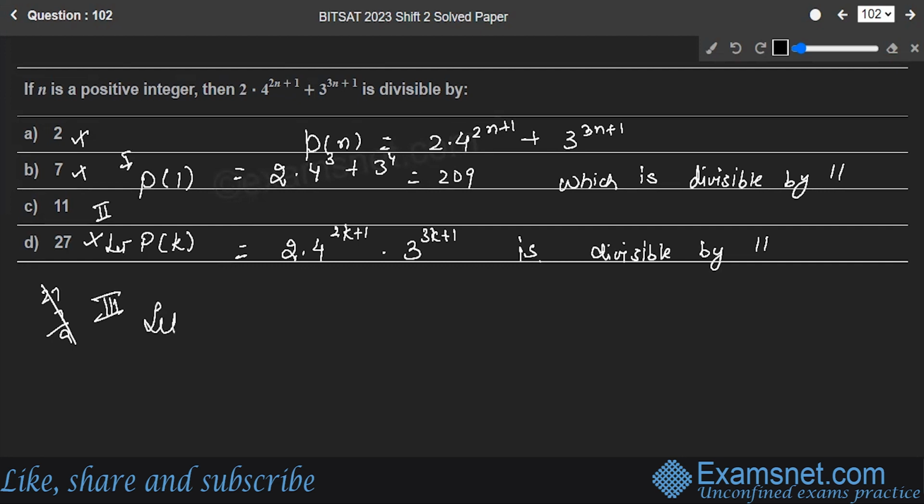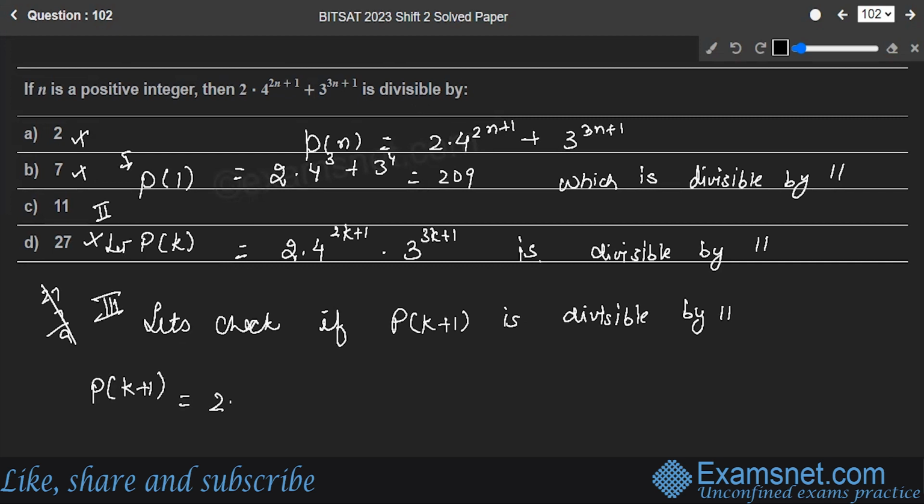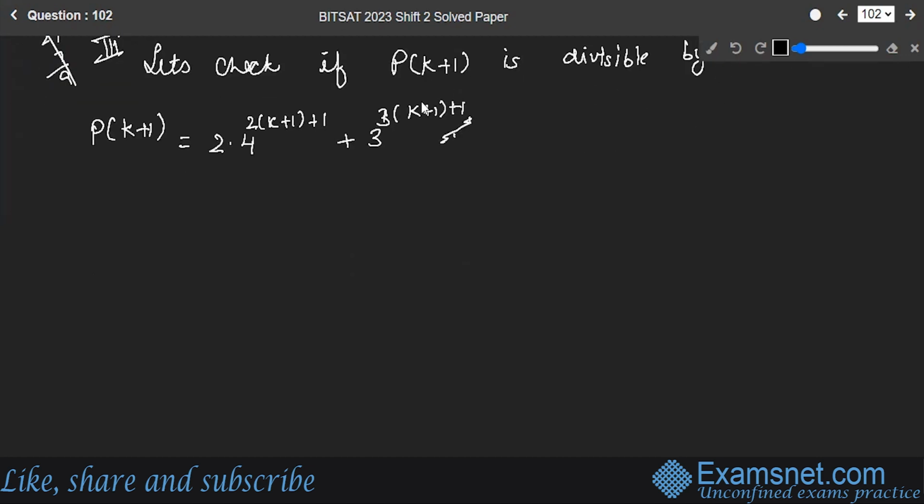So let's check if Pk plus 1 is divisible by 11. So you have Pk plus 1. This will be equal to 2 into 4 power 2(k plus 1) plus 1 plus 3 into 3 raised to power 3(k plus 1) plus 1. Okay, this thing. So let's open it up.